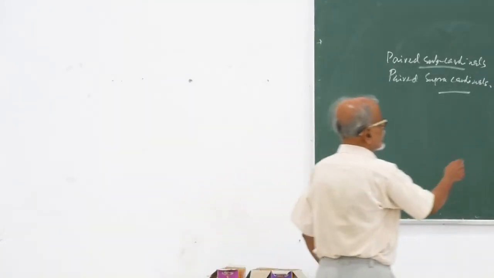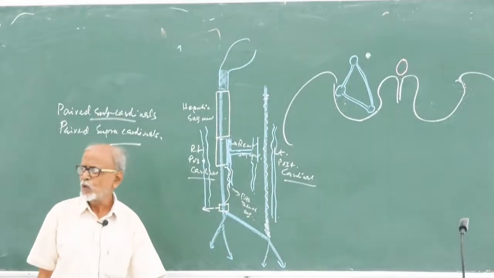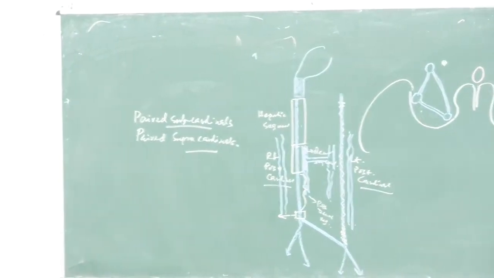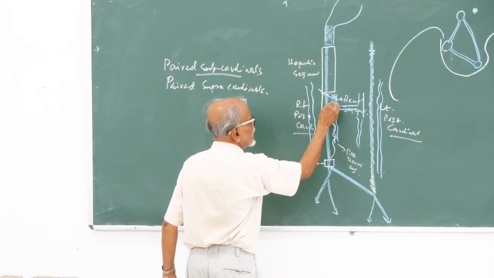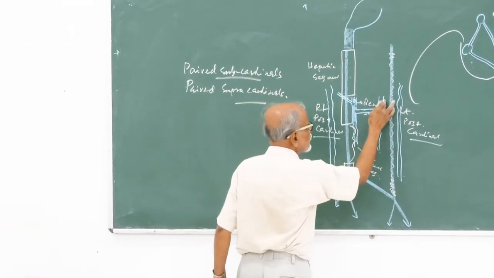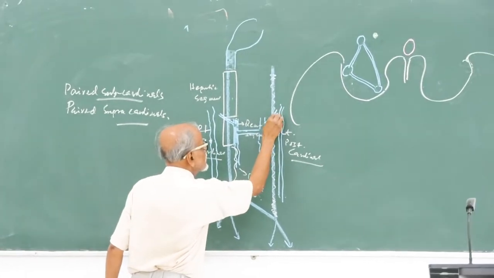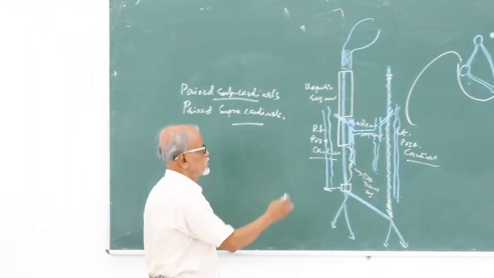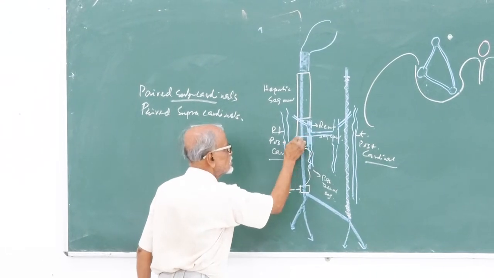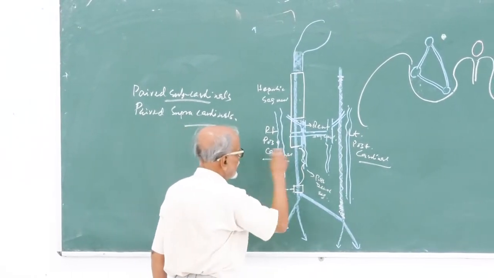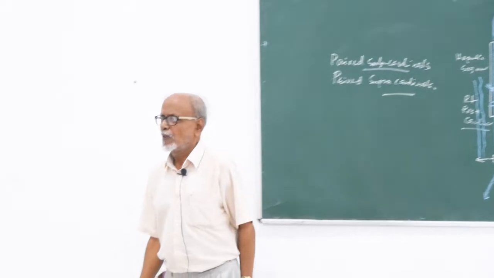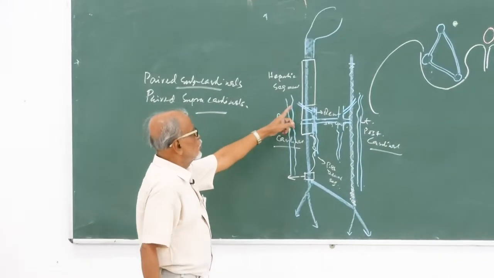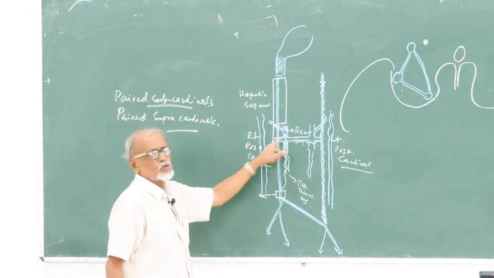Now subcardinal system will be draining, আমি কি বলেছি, will be draining the organs developing in the mesonephros. তাহলে আমি এইখানে একটা চ্যানেল দেখাচ্ছি, এরকম একটা চ্যানেল দেখাচ্ছি on both the sides। Each of the subcardinals, right and left, is having two channels, one above, the other opposite this anastomosis.